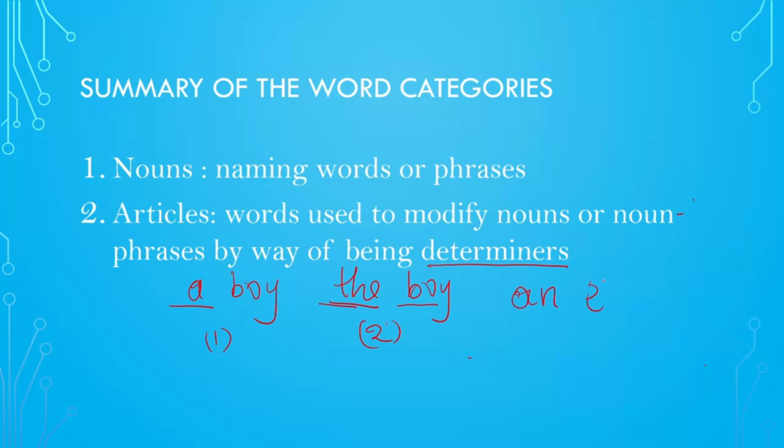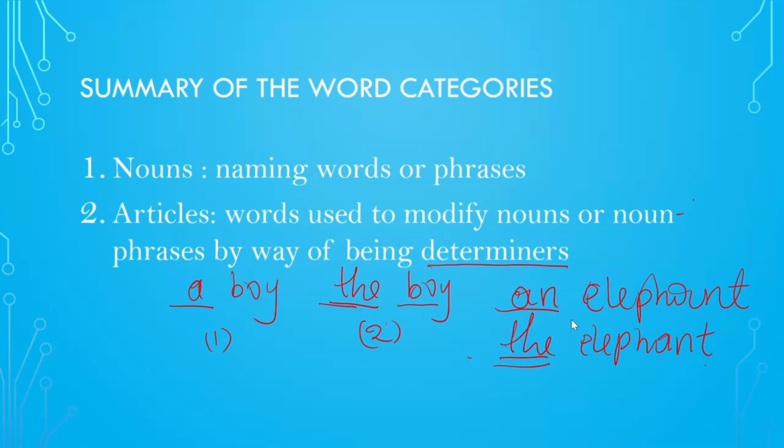You can say an elephant. Take note, there's a difference between saying an elephant and the elephant. When you say the elephant, it means either we've mentioned it in a previous sentence, or we are talking about a specific one that we know about. But an elephant means we don't know that particular elephant in individual detail.